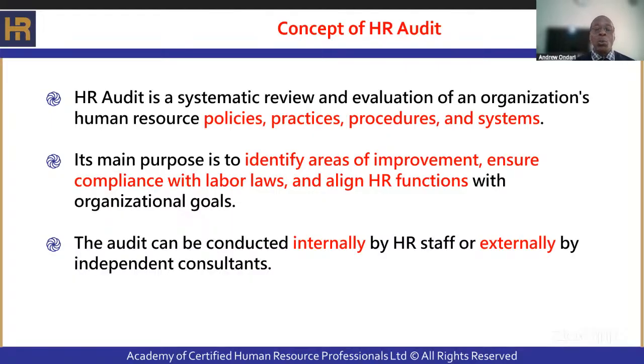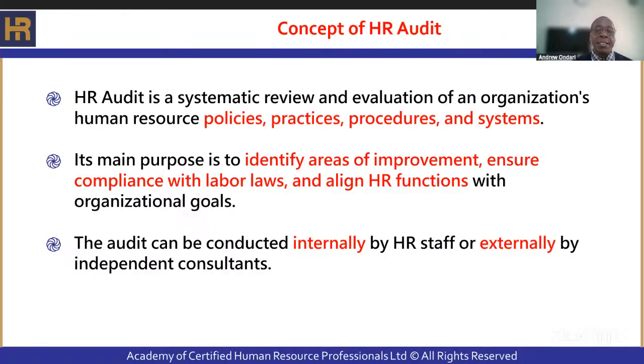So what do we do? We conduct an audit to ensure that we have the right number and quality of people. The right number is one that is not too high or too low to achieve that objective. If the number is high, it means that an organization has excess staff.